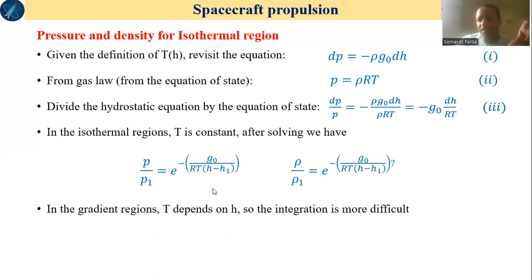In this region, the slope is zero, because the change in temperature over the change in altitude is zero. Why? Because there is no slope.